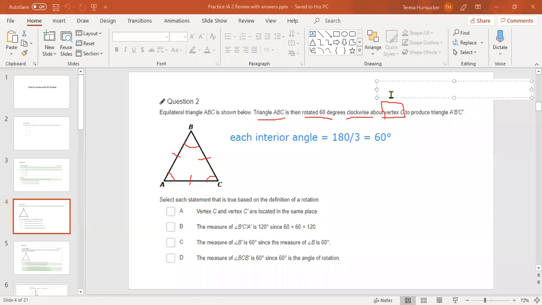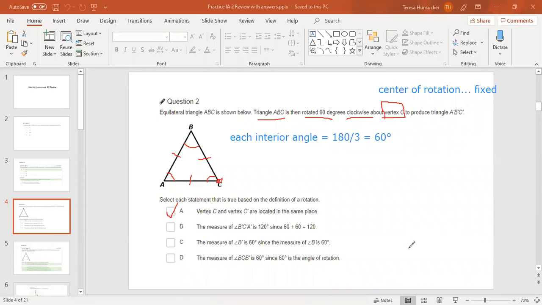So vertex C is the center of rotation, and it is fixed. All right, so having said that, point C and its image C prime will be in the same position after the rotation.